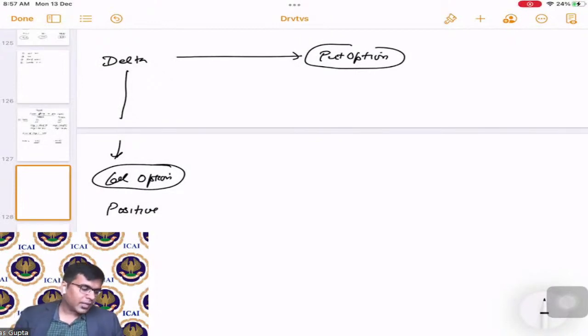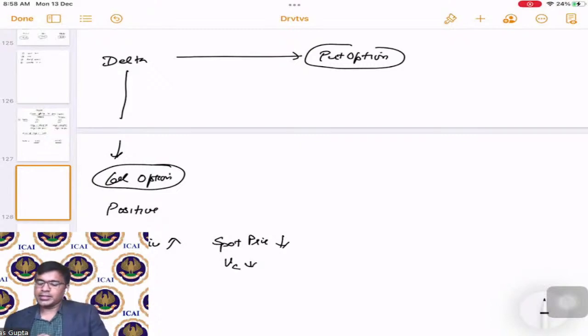Why? Because if the spot price increases, the value of the call option will also increase. If the spot price decreases, the value of the call option will also decrease.